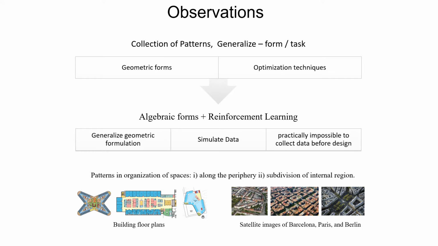We propose that to some extent, the geometry of architectural spaces can be generalized by formulating spaces along a curve and internal subdivision of the bounding curve. These methods for geometric formulation are subsequently integrated with optimization algorithms. The process of optimization refines the topological structure of a layout.